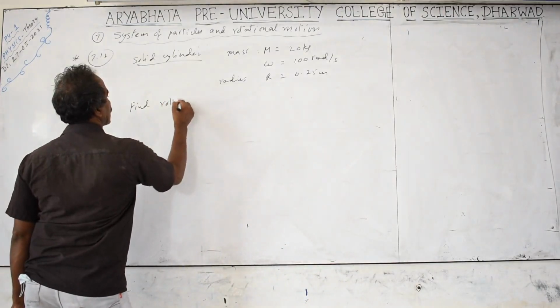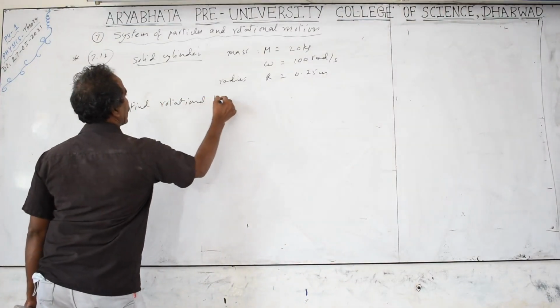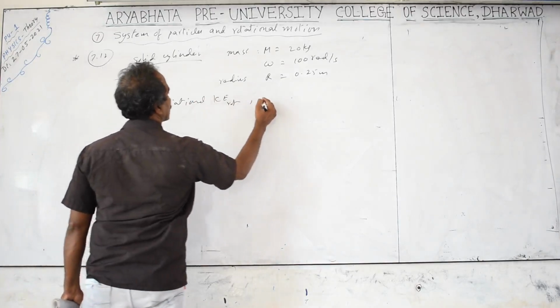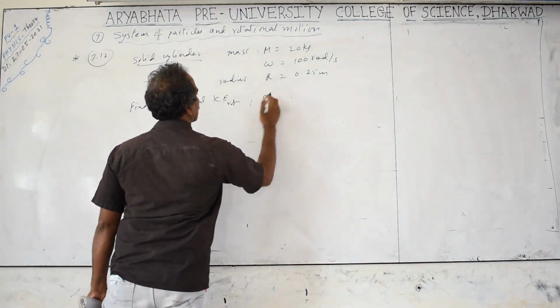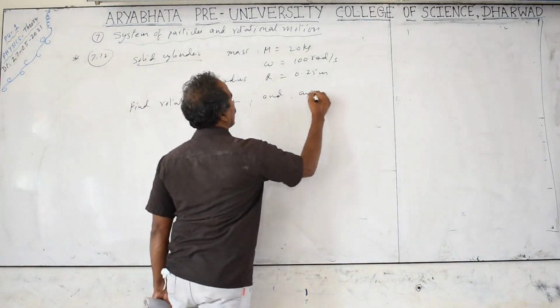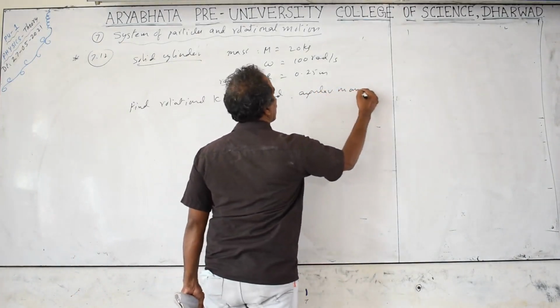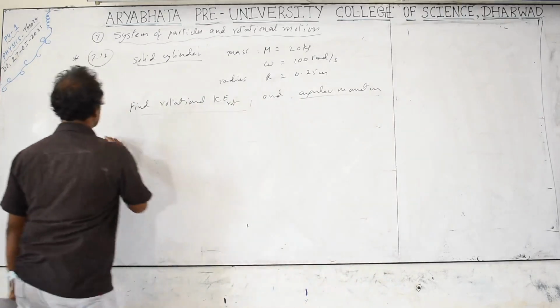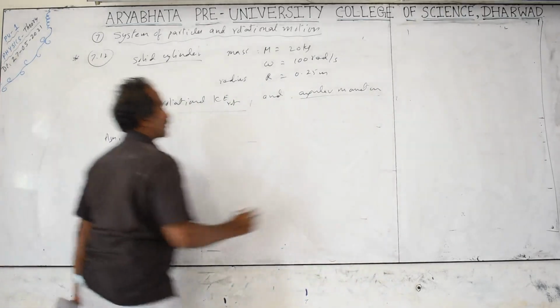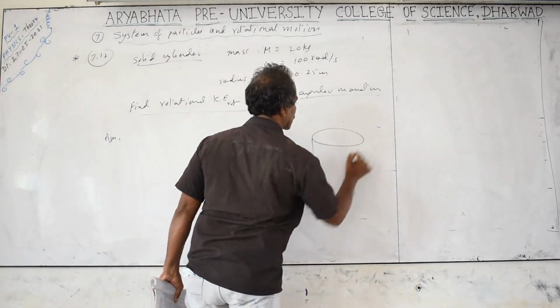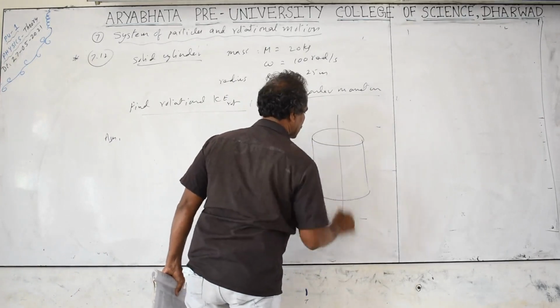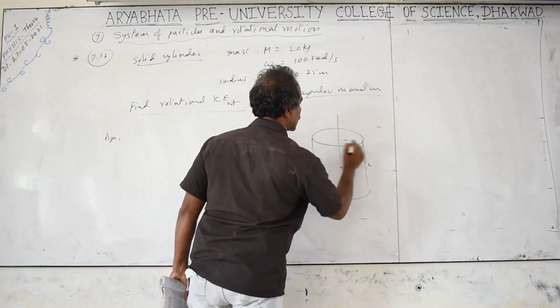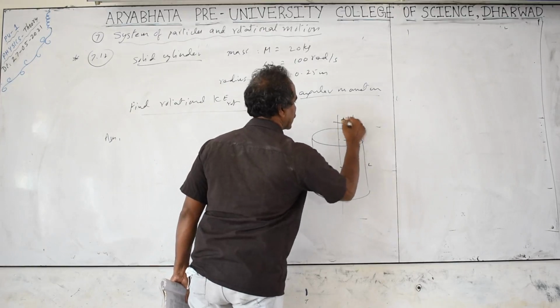Rotational kinetic energy and angular momentum, that means L. Answer. This is the cylinder rotating like this. This is the center of mass, length L, radius R, rotating with angular velocity omega.